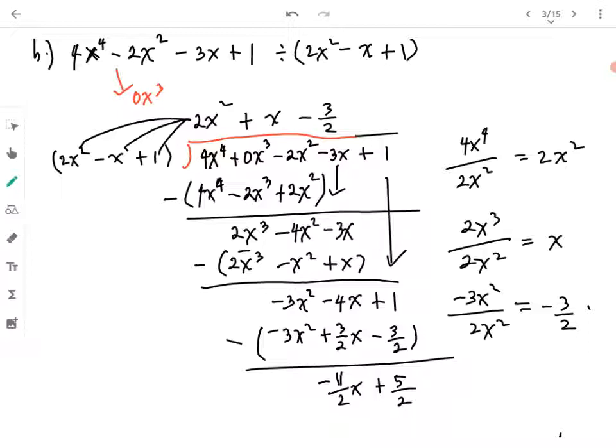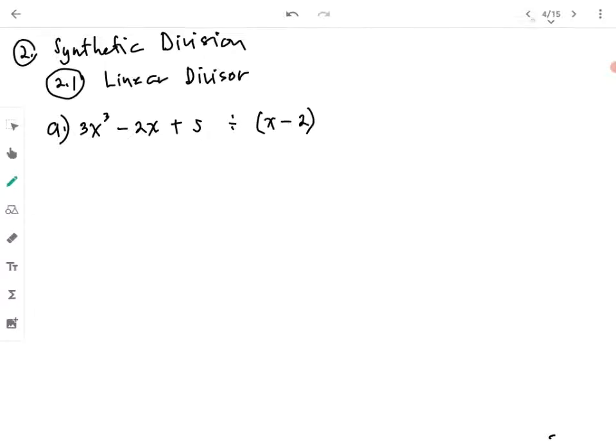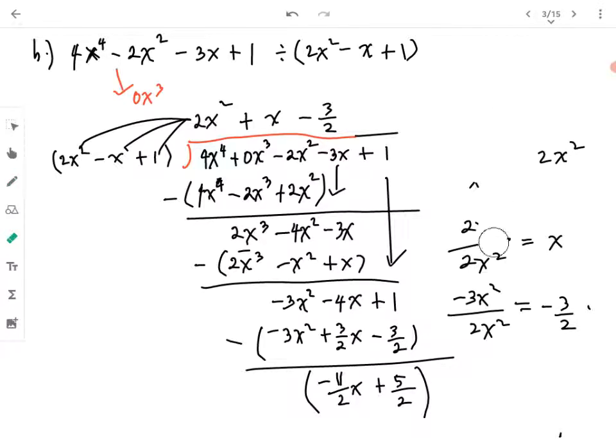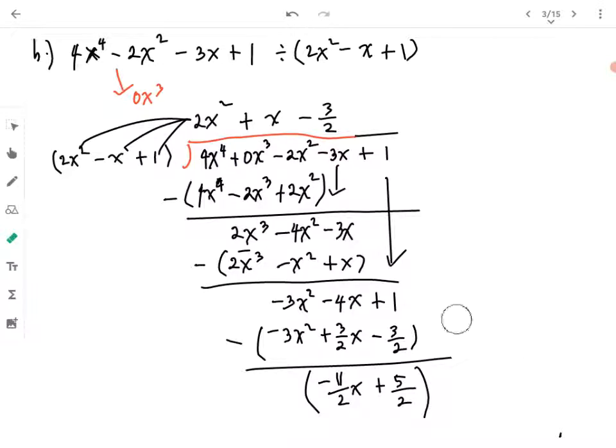So how do we write the quotient? The quotient now is, we have a fractional remainder, so we'll write it this way. Let me write it here. The quotient is 2x squared plus x minus 3 over 2.